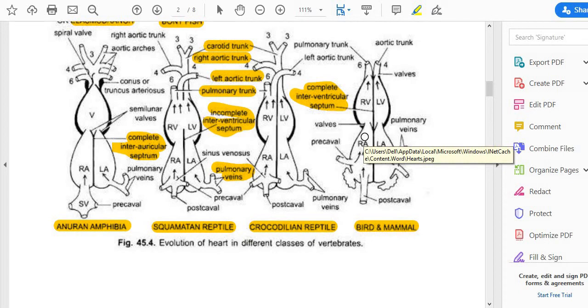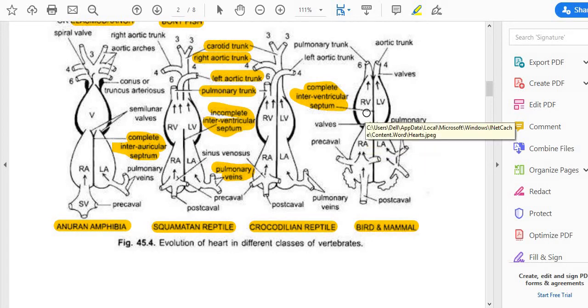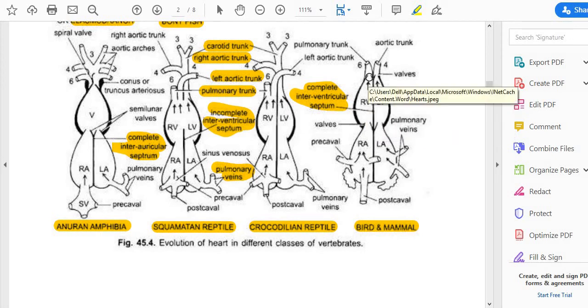This you have to remember. From the right ventricle the deoxygenated blood goes to the lungs for oxygenation through the pulmonary trunk. This pulmonary trunk is also called the pulmonary arch.